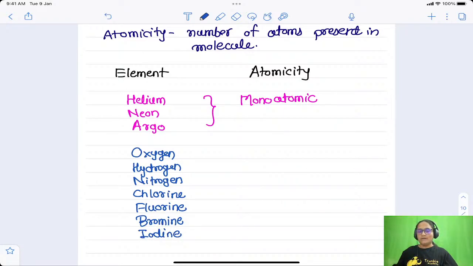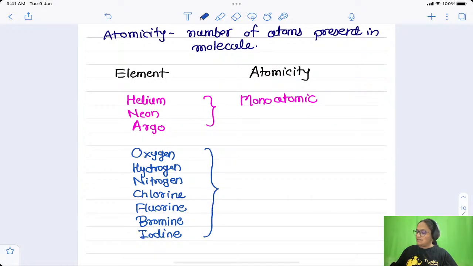All these gases are diatomic in nature. Di stands for two atoms being present in their molecule. Their atomicity is equal to 2.